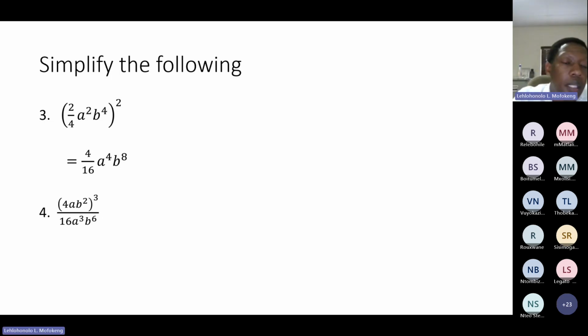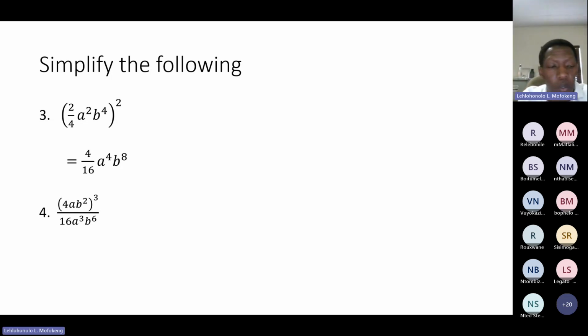Therefore, we multiply exponent of b, which is 4, by exponent 2, which is outside the bracket. And then ultimately, we have the answer being 4 out of 16, a to exponent of 4, b to exponent of 8. You can also simplify 4 out of 16 further, which will give us 1/4 or 1 out of 4.